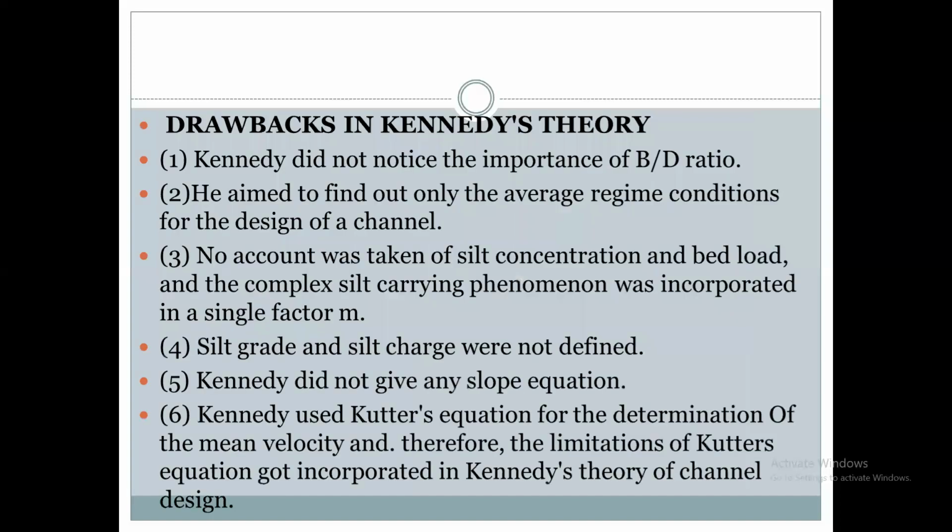Kennedy used the Cutter's equation for the determination of mean velocity, and therefore the limitations of Cutter's equation got incorporated in Kennedy's theory of channel design. There are limitations of using this Cutter's equation for calculating the mean velocity of flow. There are the 6 drawbacks in Kennedy's theory.